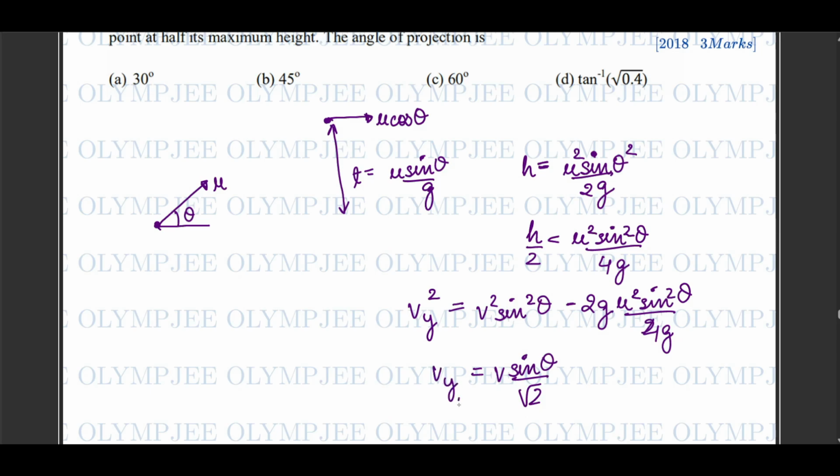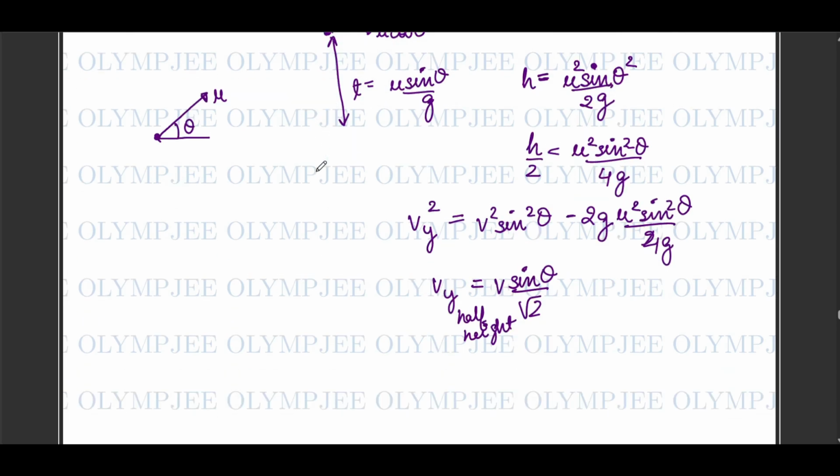at half height, and vx is constant, so vx at half height will also be v cos theta.